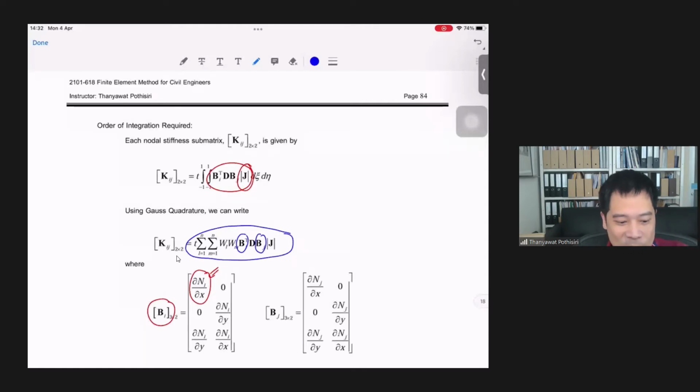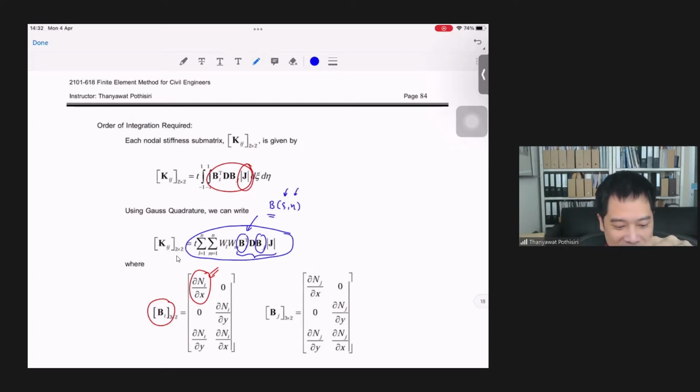Because you know that each term inside B can be written as a function of C and eta, you just plug in the sampling point here in order to compute B. So you will get this term for each of the sampling points.